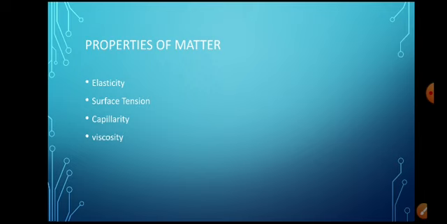You can understand what happens if the frame is made up of iron, and if we use a different material which is not that stiff or hard, then it leads to different adverse effects, right?